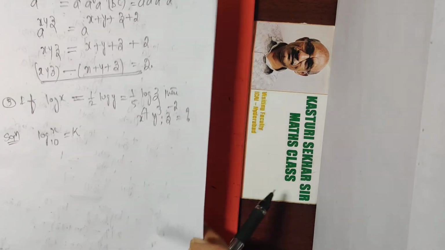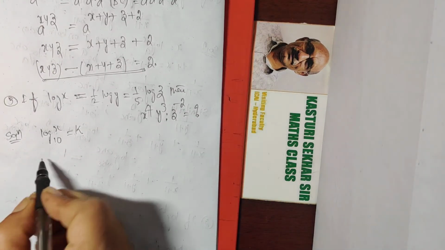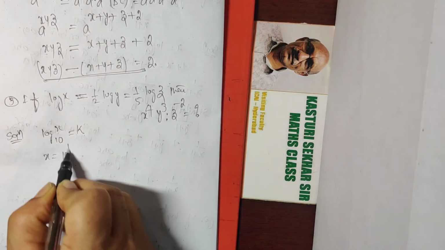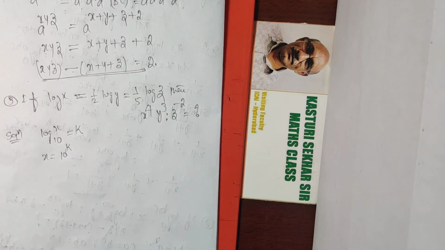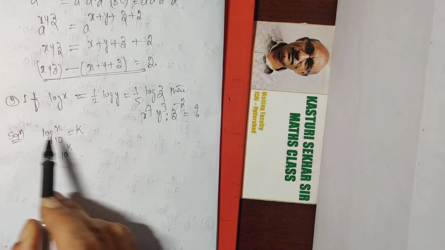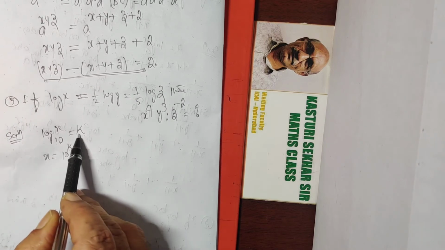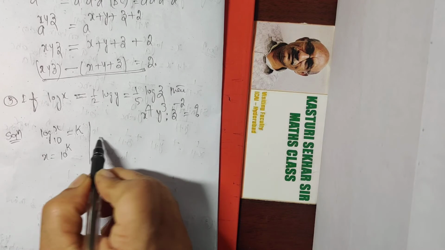It means we have to eliminate log from the picture. So x is equal to 10 power k. One side I have log, another side constant. When this log is eliminated, this base 10 will become base for the right hand side number.